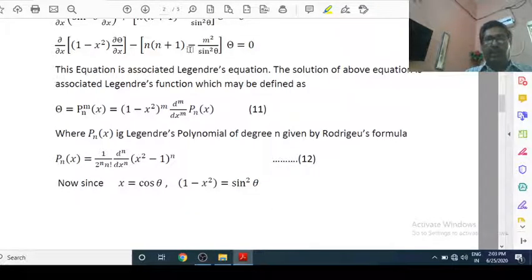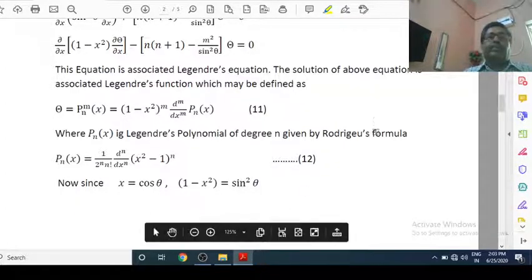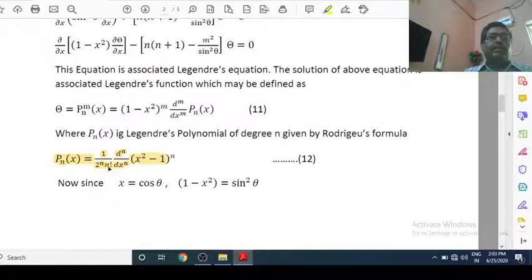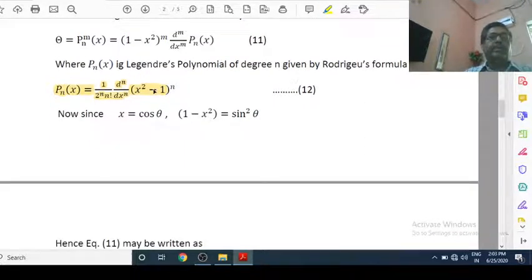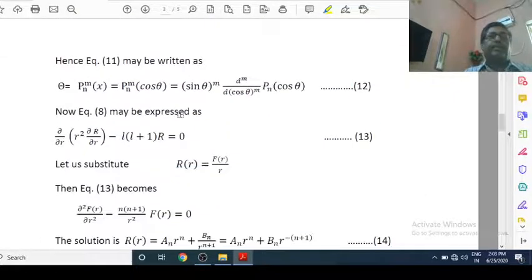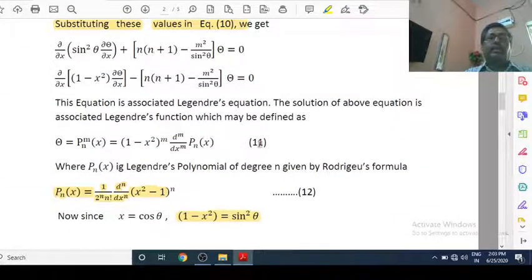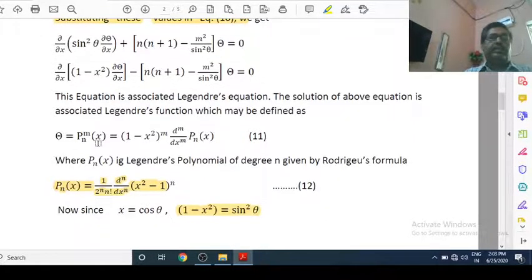So its solution will be the Legendre polynomial given by the Rodrigues formula. So the Rodrigues formula for the Legendre polynomial is this one, and this is the solution. Actually the solution is here. Again you have to remember this term. Now since x is equal to cos theta, so 1 minus x square is equal to sine square theta. This equation may be written here, in place of x we will write cos theta.